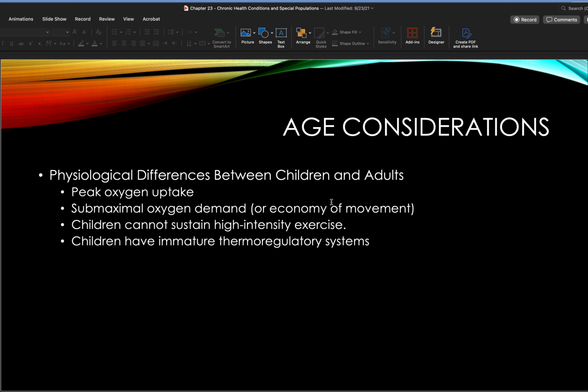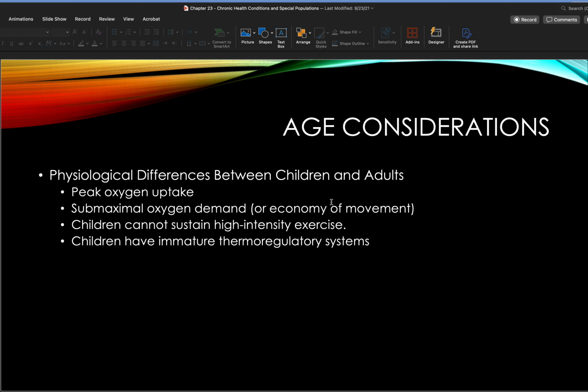If we want to train children like adults, these are some of the things we cannot do, because children cannot sustain high intensity exercise for prolonged periods of time. Their stamina and the ability of their muscles to continue to move are very different than our adult counterparts.